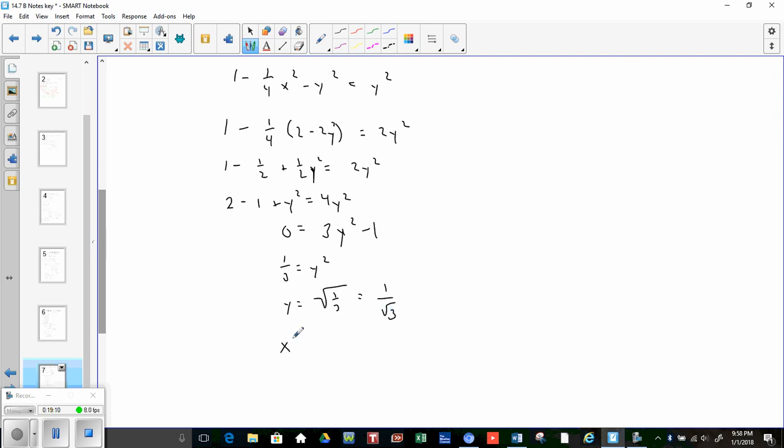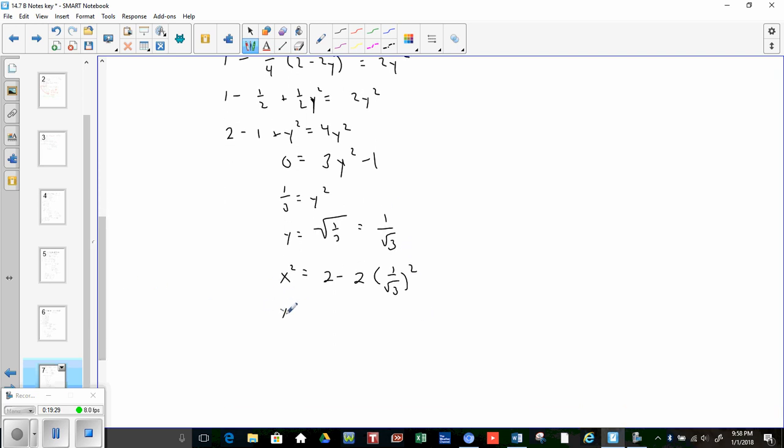So x squared, let's see, this was x squared right here. That much I do remember now, was 2 minus 2y squared, which is 1 over root 3 squared, because that's y. So let's see what we get now for x. x squared is going to be 2 minus, squaring this is 1/3, so that's 2 minus 2/3.